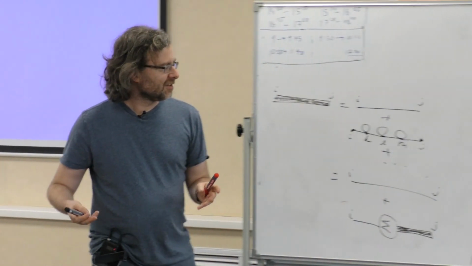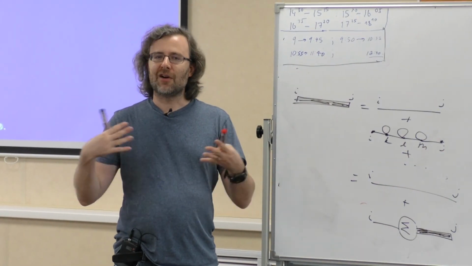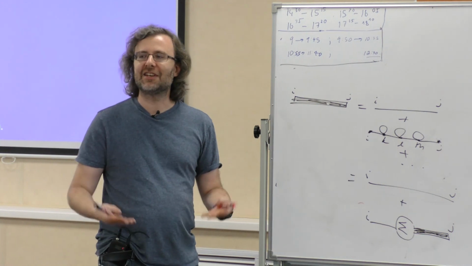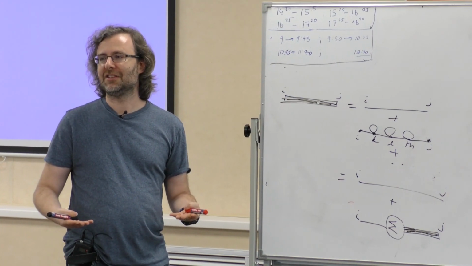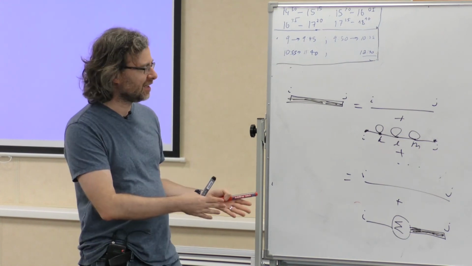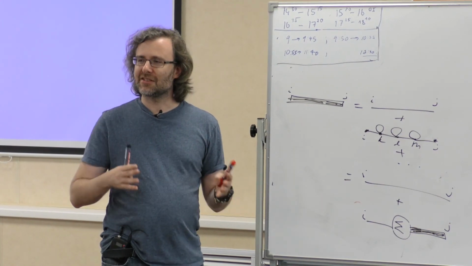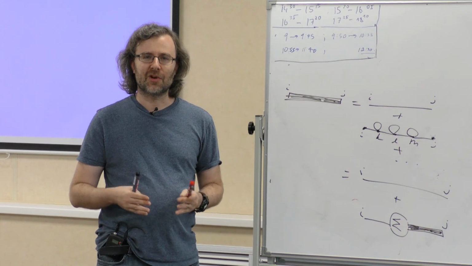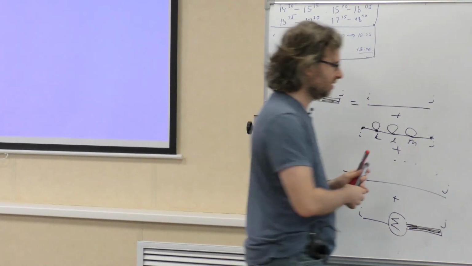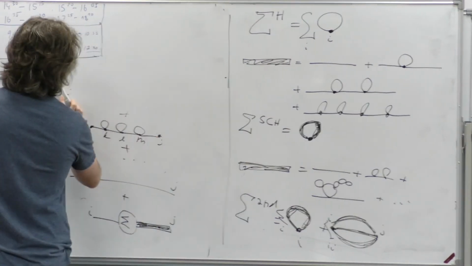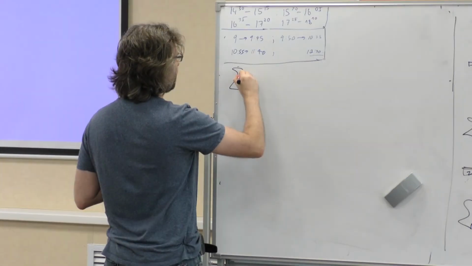Given that, I now have all the language I need to say clearly what dynamical mean field theory is. Dynamical mean field theory in this language means that the self-energy is the sum over all local terms. So let's write that as an equation.